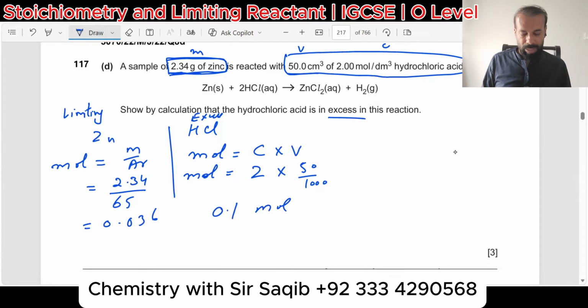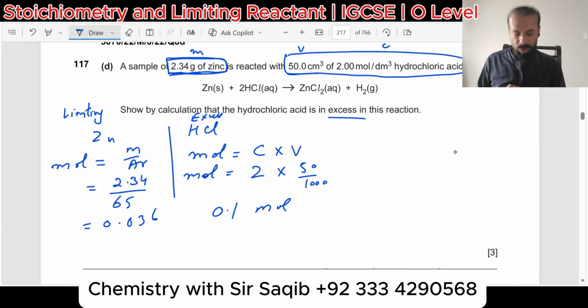So which is limiting and which is in excess? 2.34 divided by 65 is equal to 0.036.